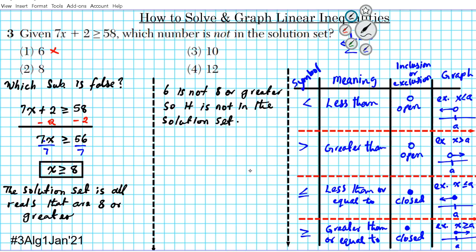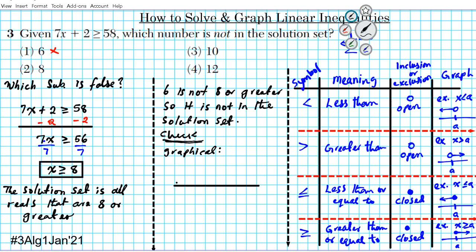So let's go ahead and check this graphically, just to show you that our answer is correct. We're going to check this in two representations. Graphically, can you visualize why 6 is not in the solution set? In order to do this, we have to graph this inequality. How do you graph x ≥ 8?